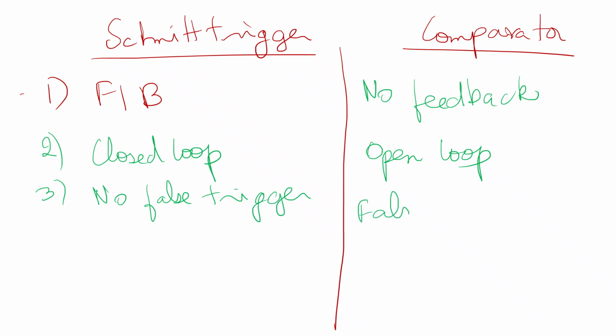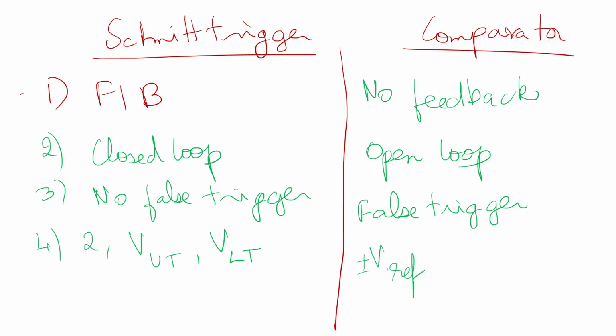Here in the comparator, false triggering is applied by means of giving a reference voltage. The signal levels are triggered to vary between the two saturation limits. Two different threshold voltages exist. What are the two threshold voltages? Upper threshold voltage and lower threshold voltage. Here we have plus or minus reference voltage.